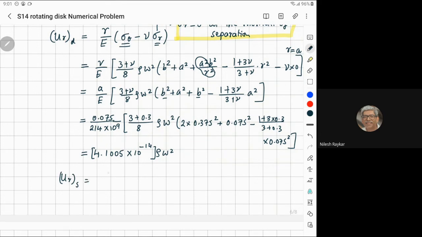Here I'm directly using r equal to a, so that will be a divided by E in the bracket 3 plus nu divided by 8 into rho omega square b square minus 1 plus 3 nu divided by 8 rho omega square a square.